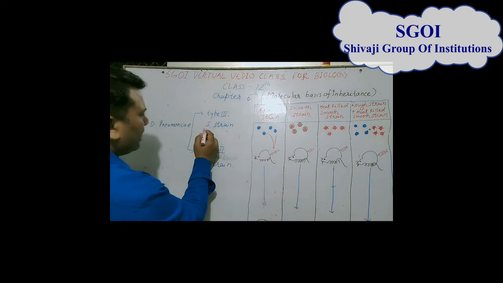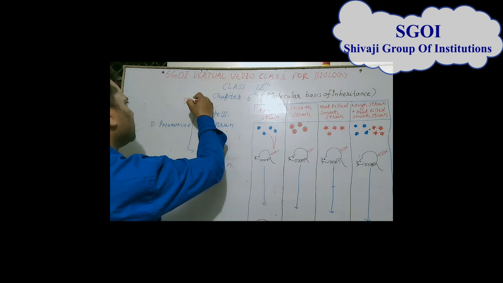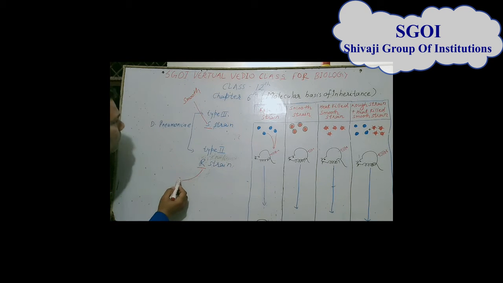Here S stands for smooth and R stands for rough.